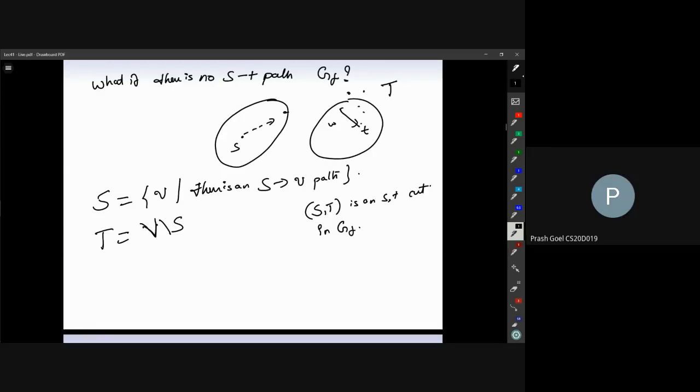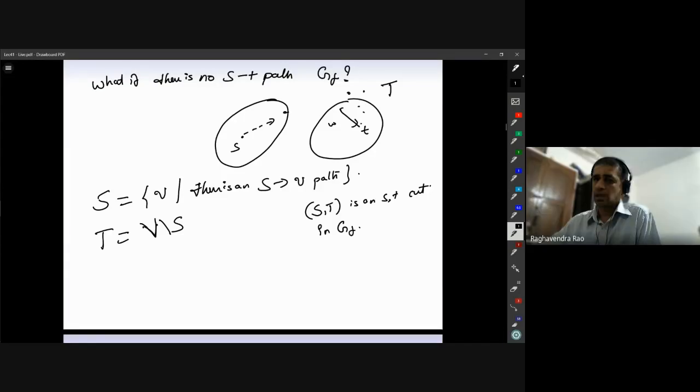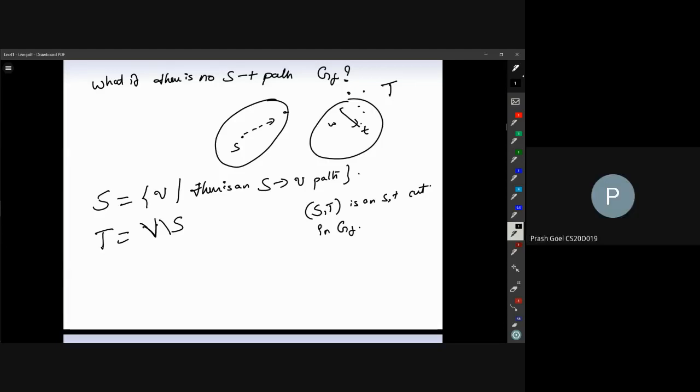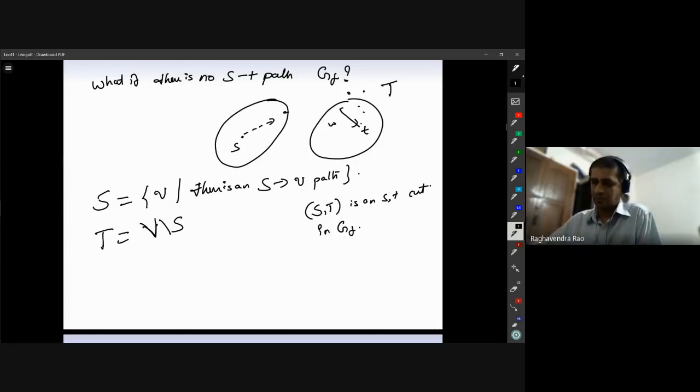Sir, in the definition of S, we've written that there is an s to v path. Is that path in G_f or G? G_f. Okay. In G_f, it's not just a cut, it's a component. There is no edge out of S at all.